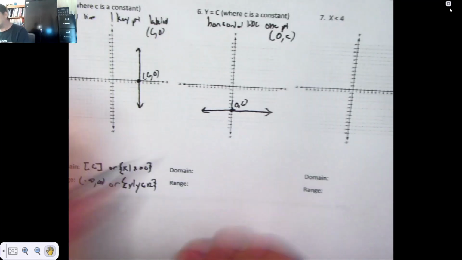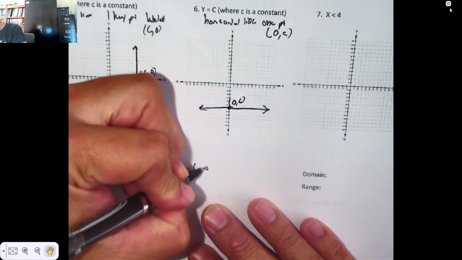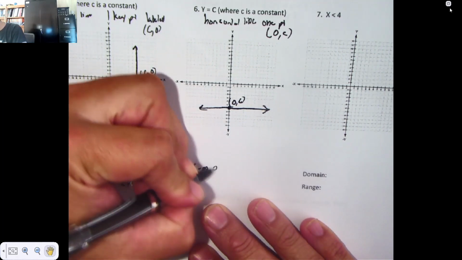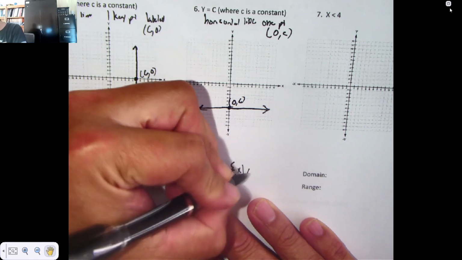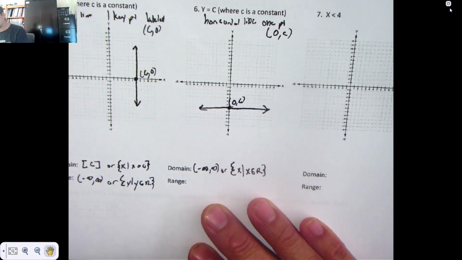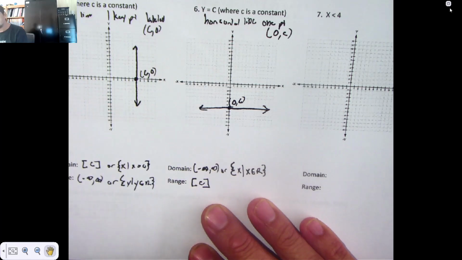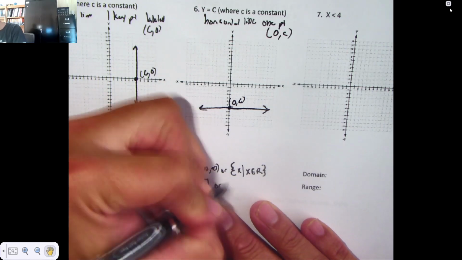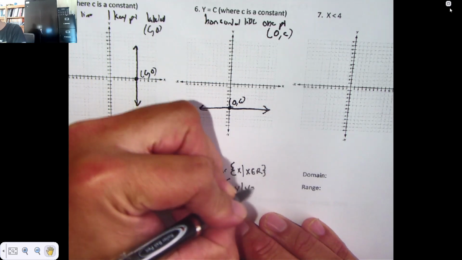Now its domain, since it's horizontal, it runs left and right forever, negative infinity to infinity, or all values of x such that x is an element of the real. Its range is simply that one singular element, the constant. Or if you like your set builder notation, all values of y such that y equals c.